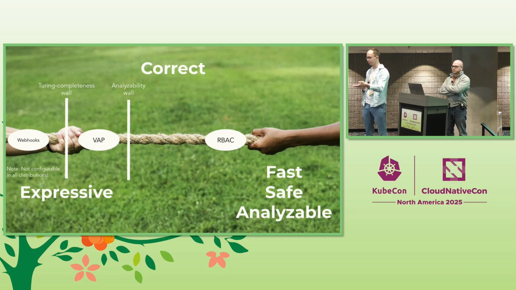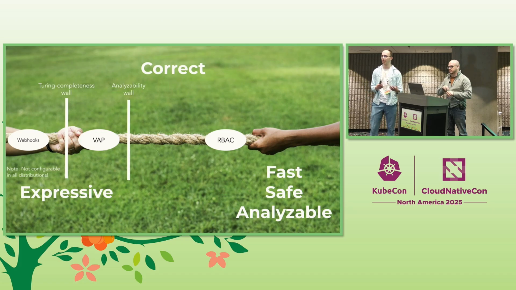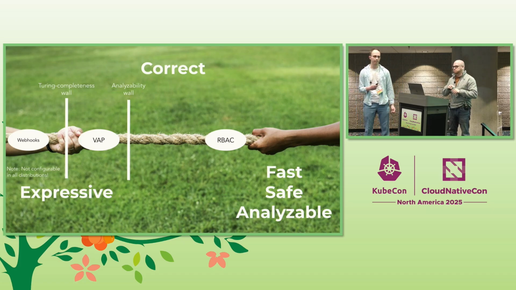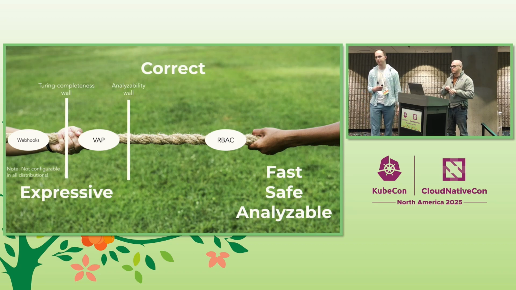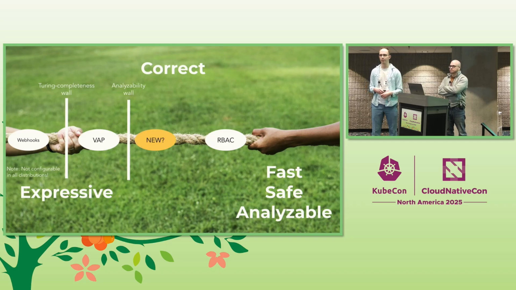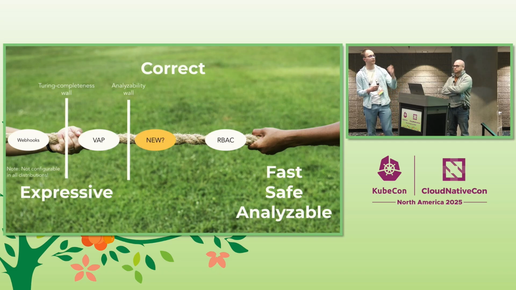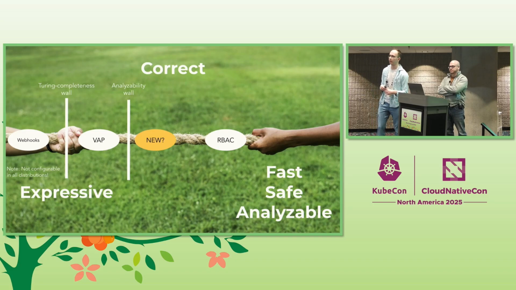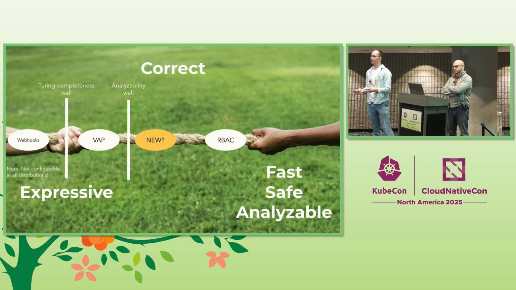So you can just tell the Kube API server to ask this thing whether it's allowed or denied. But then we can't analyze it. We can't know what this webhook is doing. And it can also be prone to failures during runtime. So today we're going to look at whether there is something in the middle that we could do, where we preserve some of the advantages and balance these trade-offs.